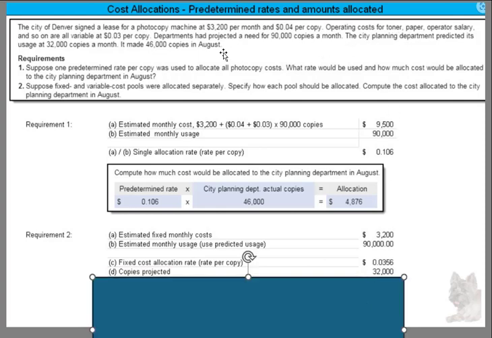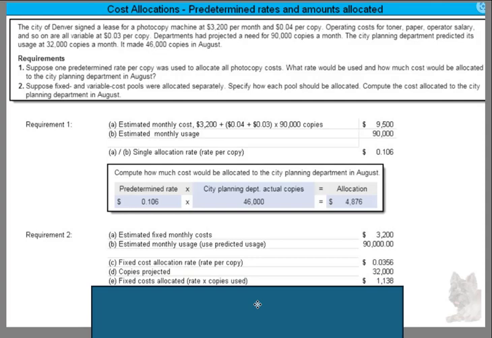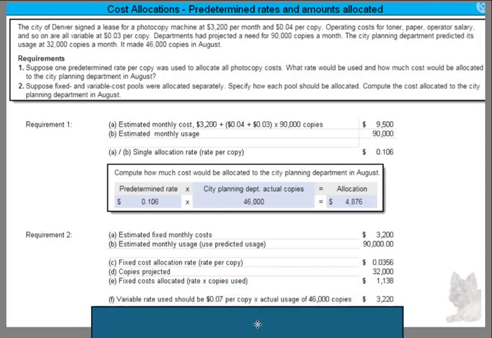Where did they give us the 32,000? Right there, 32,000 copies per month. So the fixed cost allocation would be the rate times the copies used. That comes out to be $1,138. Now, the variable cost would be 7 cents per copy times the actual usage of 46,000.